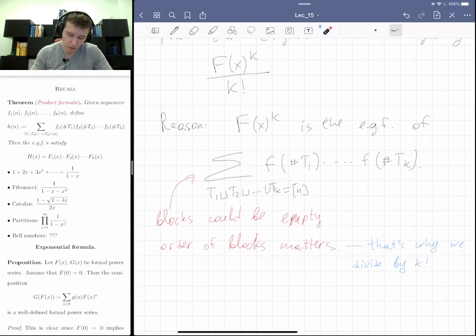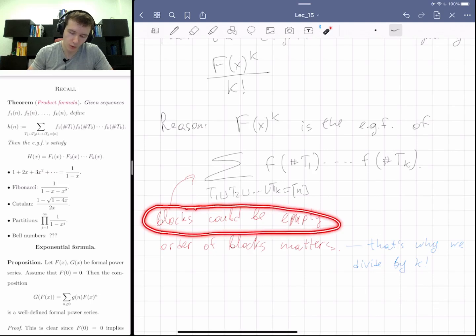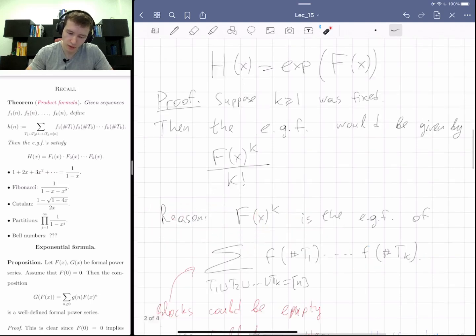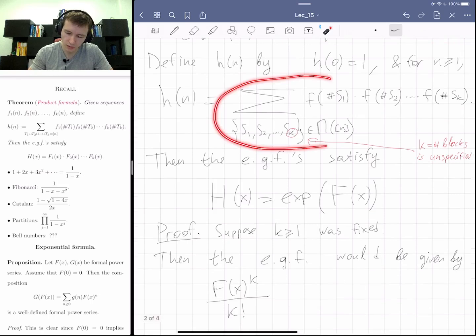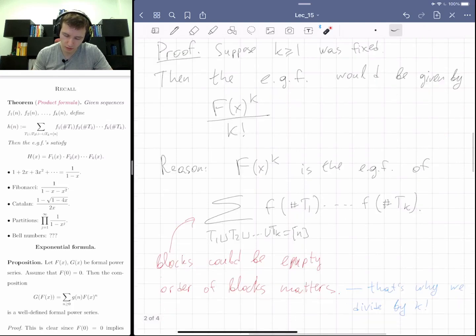But what about the first problem? I want to count the sum where each block is non-empty. However, in the product formula, the blocks could be empty. So why does this work out okay?